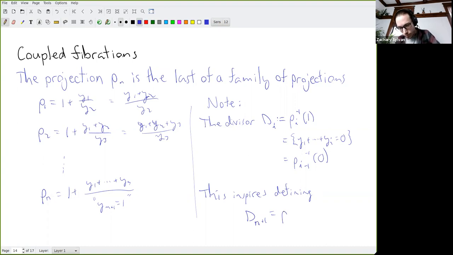So that's rho n inverse of 0. And so that's just the set where the product of the x_i equals 0. So that's the singular locus. Okay. This is the key geometric trick, having all of these projections.